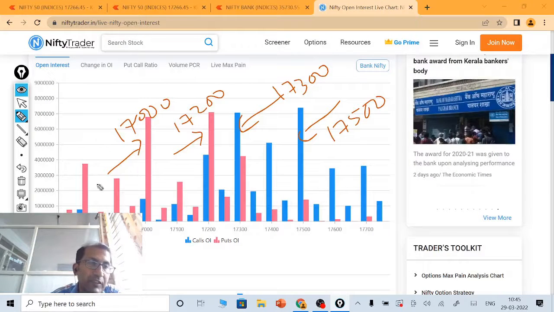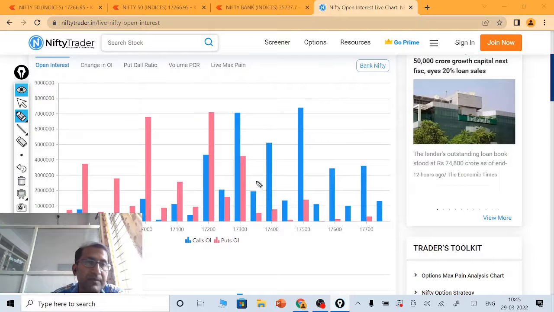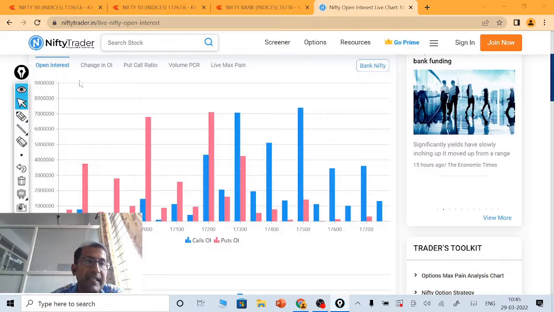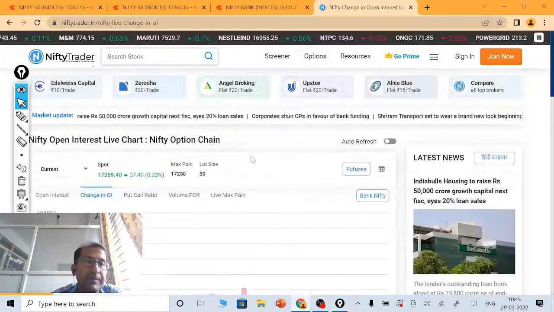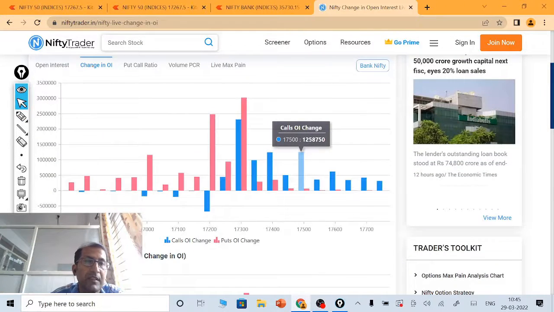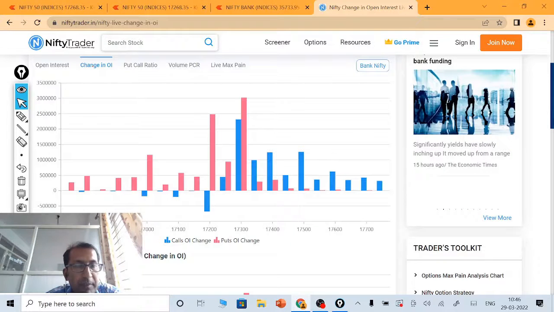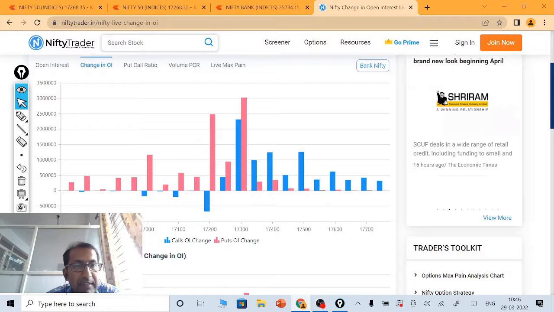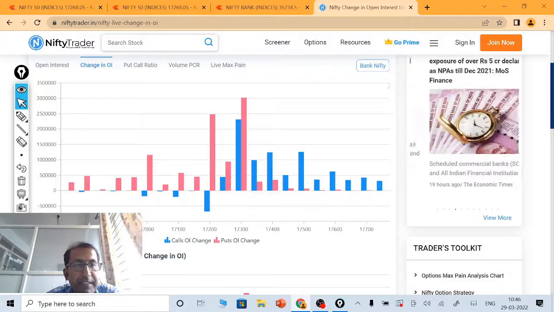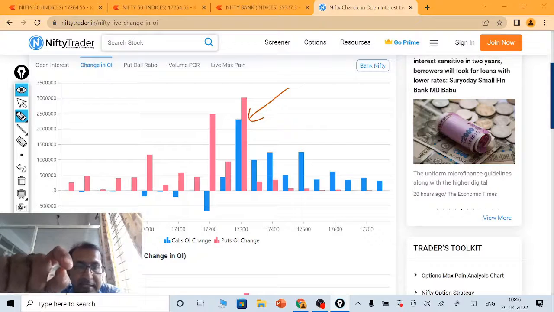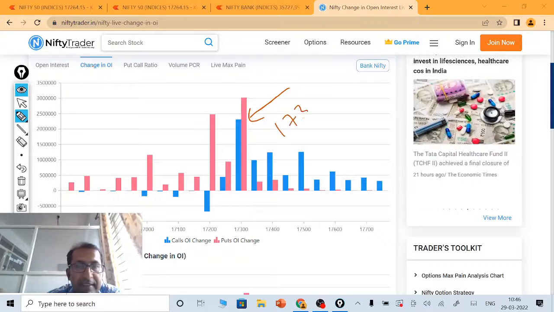Let me show you the change in open interest. What has happened to change in open interest for the day? Let me tell you where the level is. The highest change has happened in put, around 17,300.